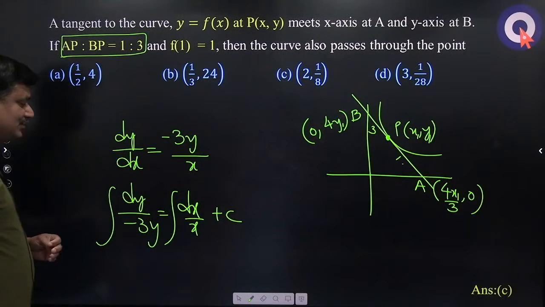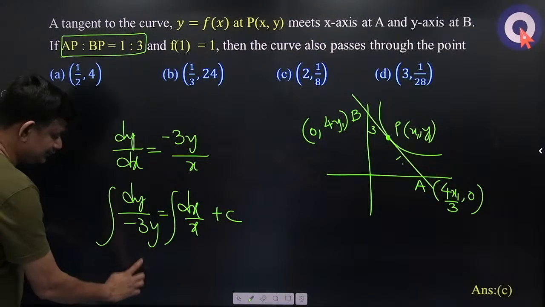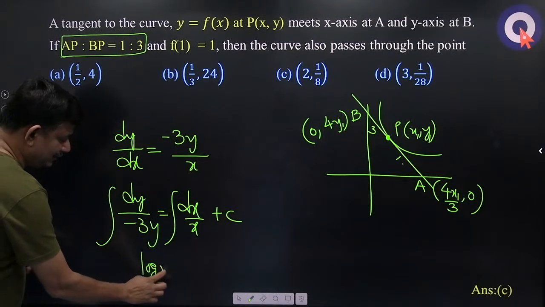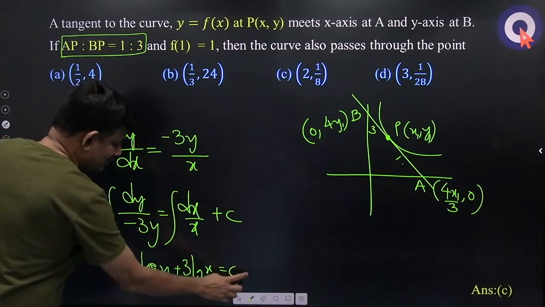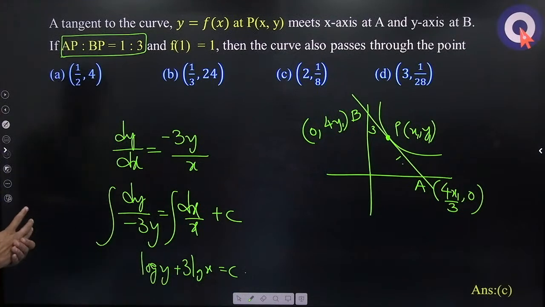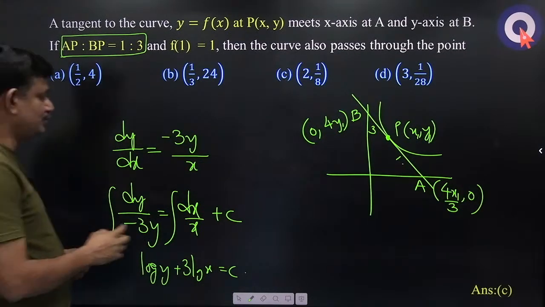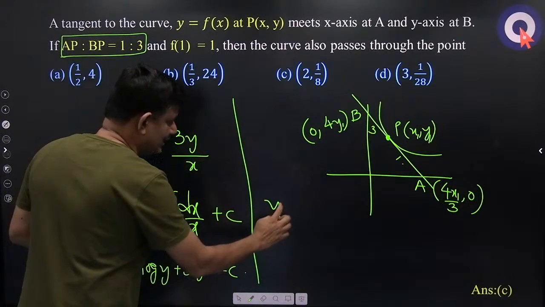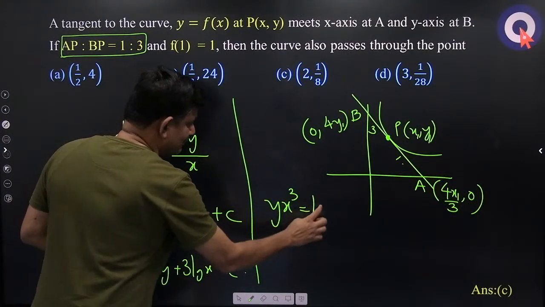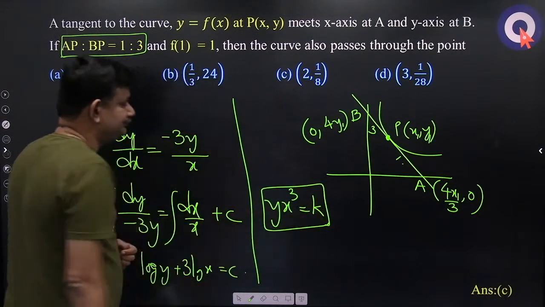This will be minus 1 by 3 log y, or log y plus 3 log x equal to some constant. Or the curve is y x cube equal to some constant.